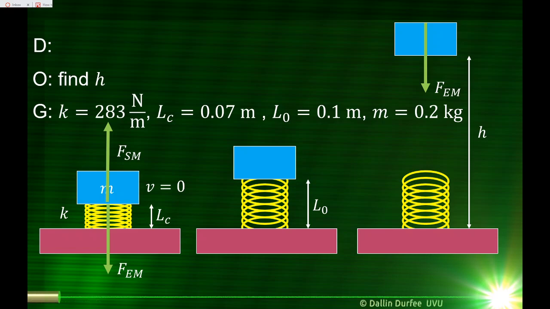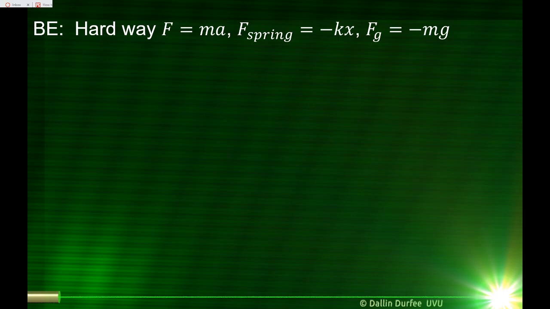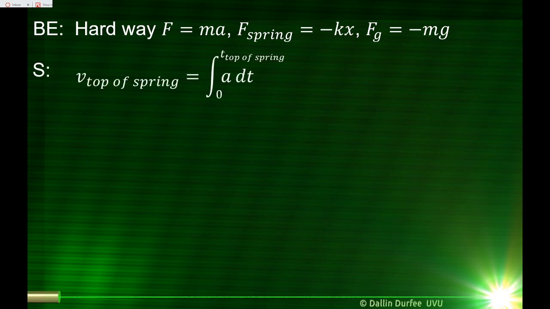Okay, so now what basic equations am I going to use? Well, I can try doing this the hard way, using F equals ma, and knowing that the force of a spring is negative kx, and that the force of gravity is negative mg. So, to do my symbolic equation, I'm like, okay, first let's find the velocity that it leaves the spring with. So the velocity once the spring is relaxed, it's not compressed anymore.